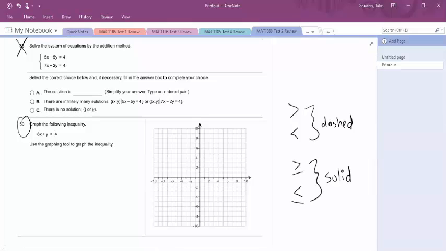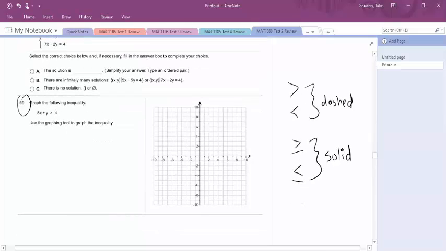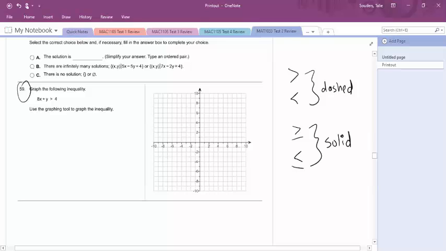Okay. Also, if you solve for y, because I've already talked about my favorite way to graph is to get it in slope-intercept form. It's not the only way to do it once again, but it's a way. If you solve for y, if you ever have y is greater than, doesn't matter if the equal to symbol is there or not, then you're going to shade above.